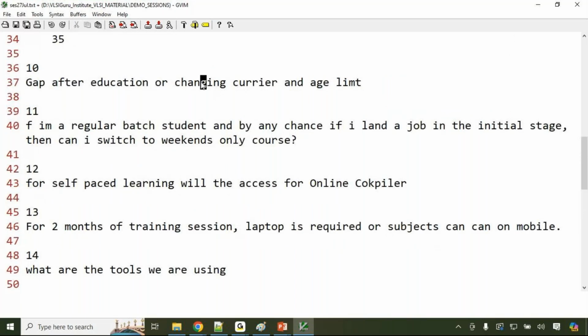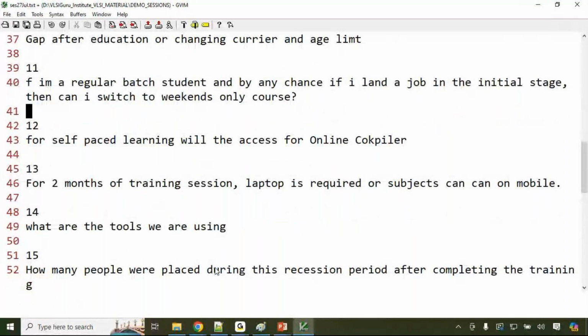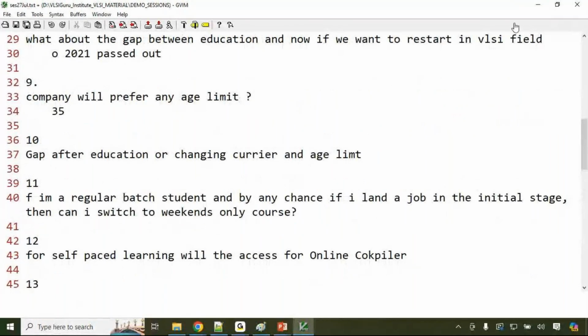So: gap after education, changing the career, age limit. Let's start with this question. I told you, in some cases, gap is actually good.